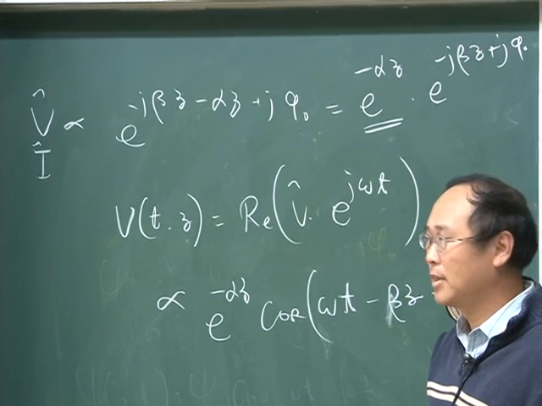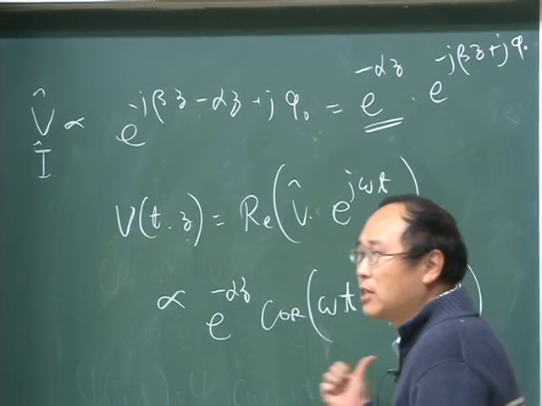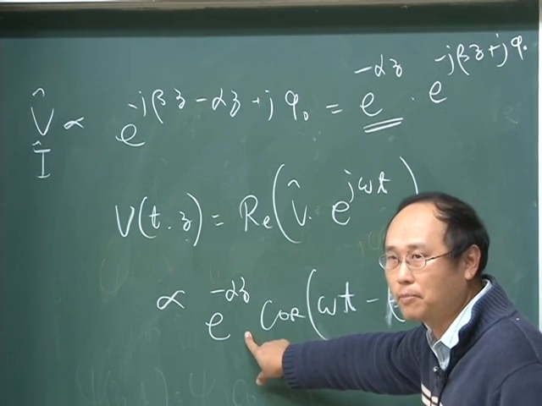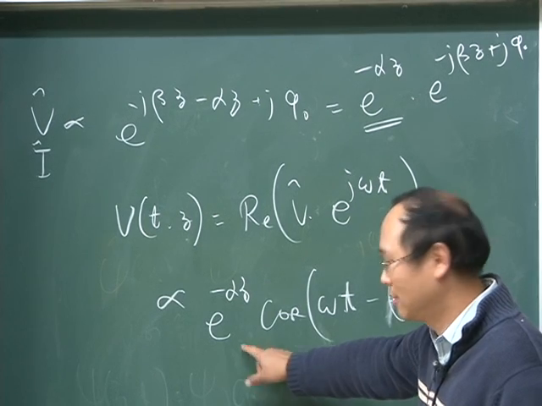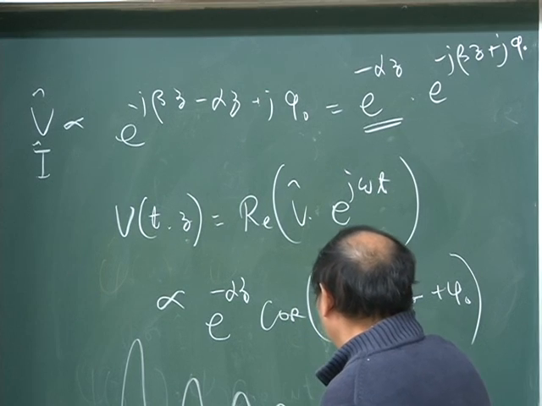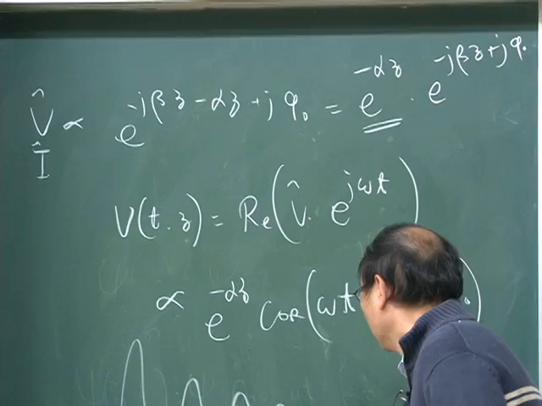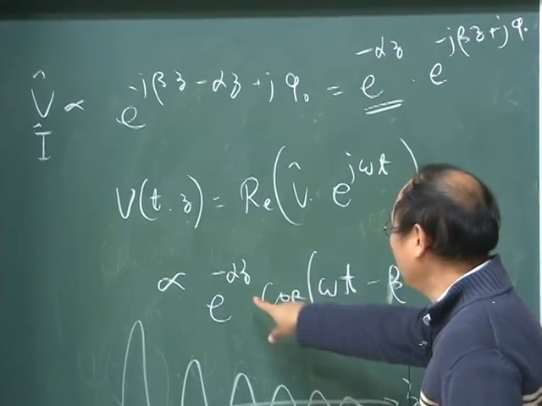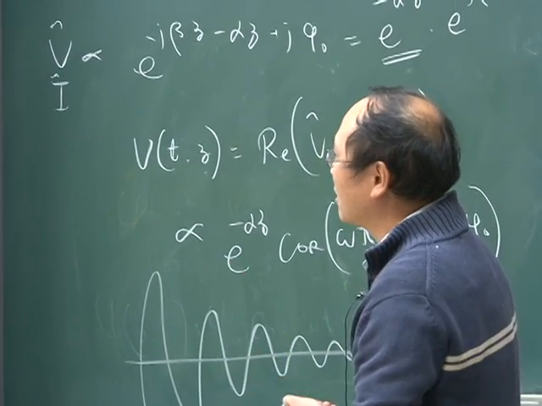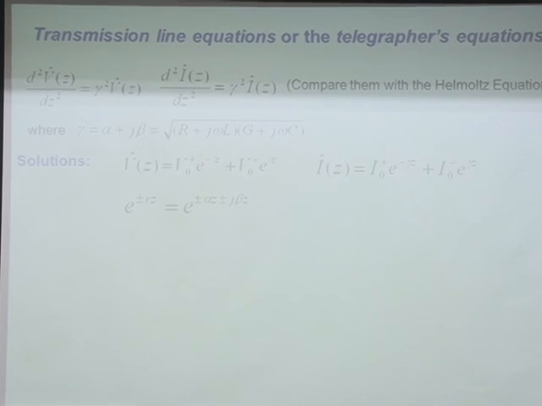Okay. So it tells you that there's wave propagating in the z direction, but this wave is attenuated by this term. Okay, so you end up having a wave like this. If I plot it over z, the attenuation is due to this term right here. So it tells you that if there's a real number associated with this gamma, the wave actually attenuates.